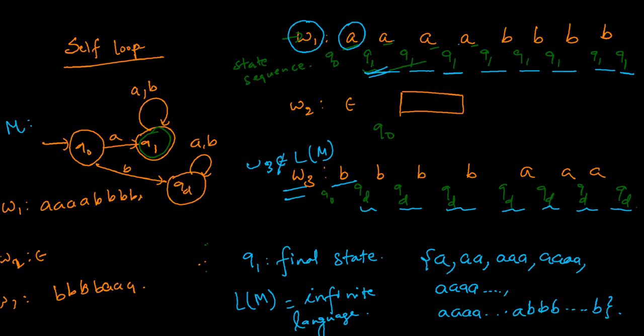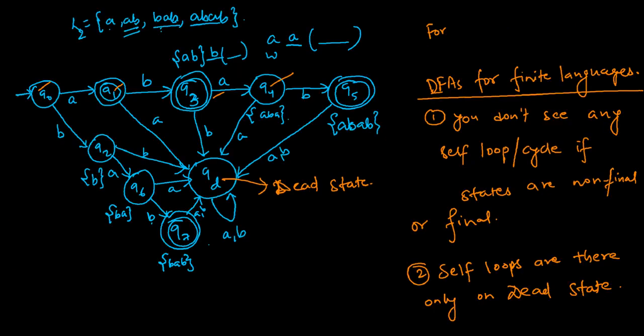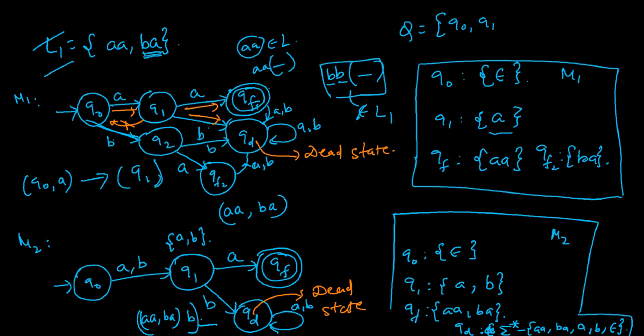In the state sequence, you will see the states repeating. And in case of finite languages, the states will not repeat in the state sequence, unless it is a dead state.